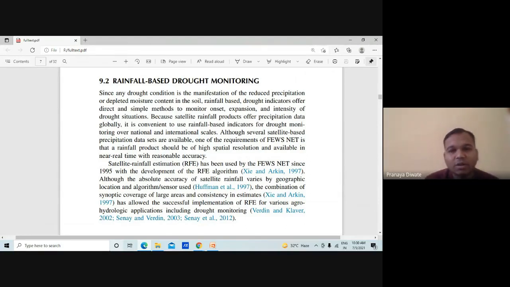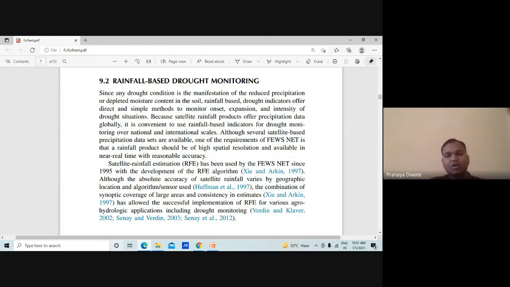Since any drought condition is the manifestation of reduced precipitation and depleted moisture content in the soil, rainfall-based drought indicators offer a direct and simple method to monitor onset, expansion, and intensity of drought.